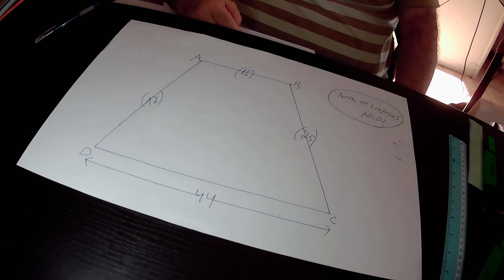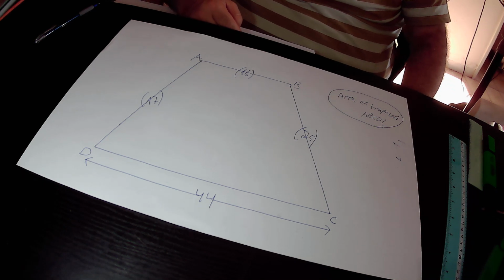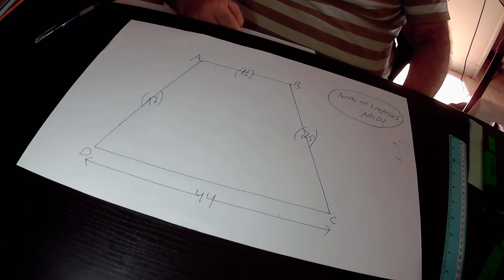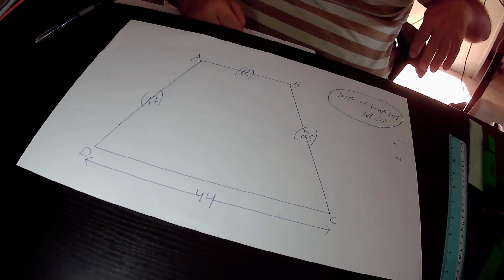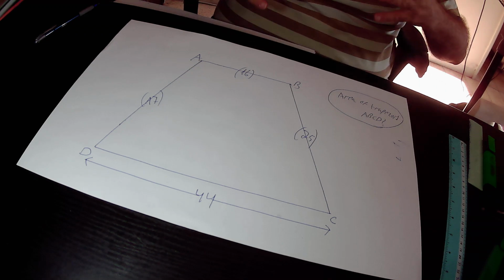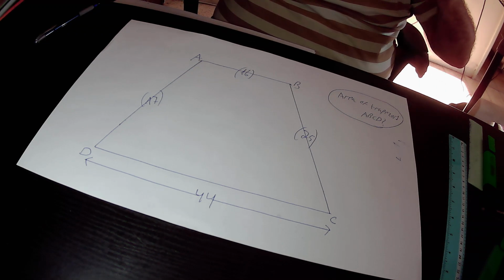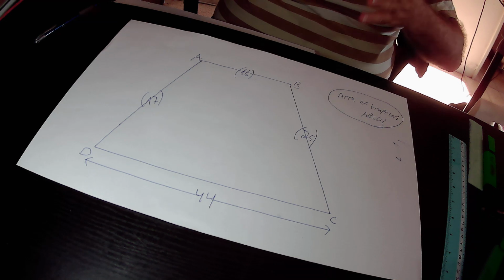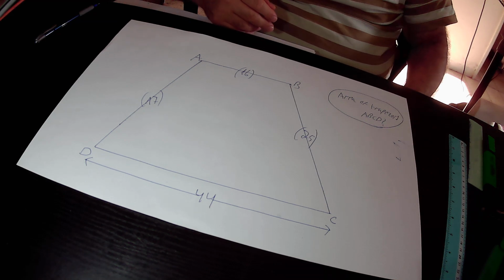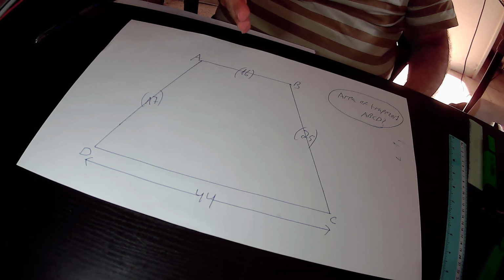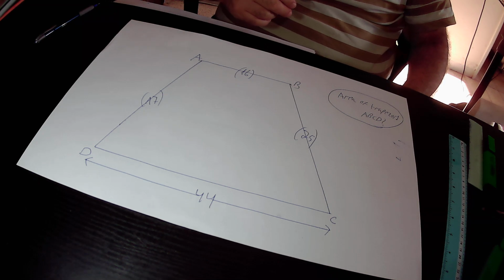Actually, we know that the area of any trapezoid is equal to the sum of its two parallel bases times the height over 2. Therefore, the area of this trapezoid ABCD must be equal to the sum of its two parallel bases.